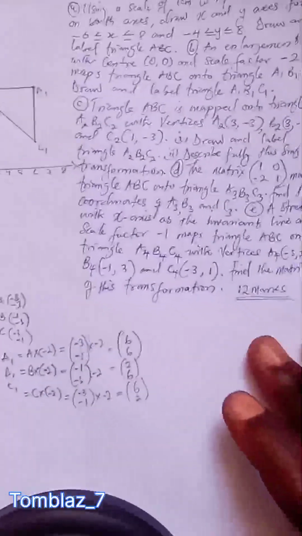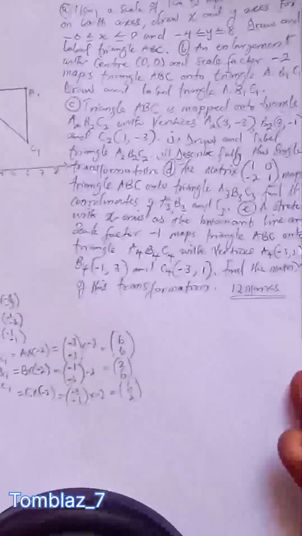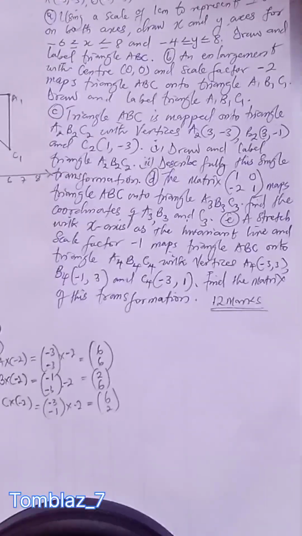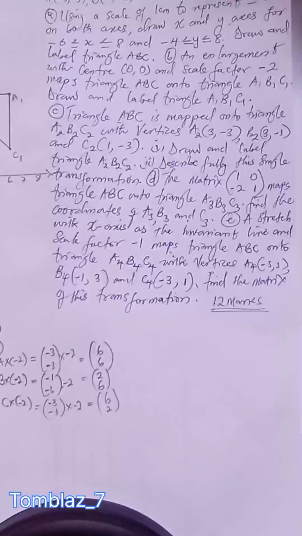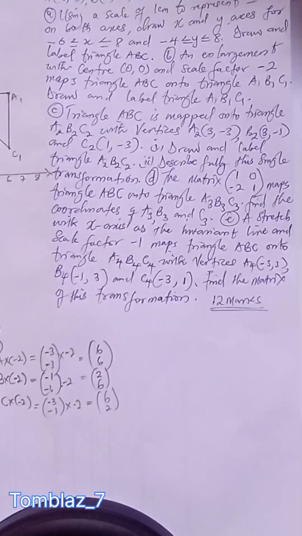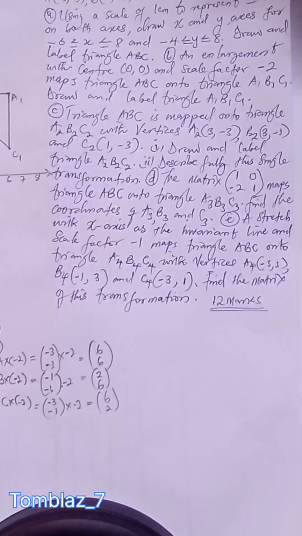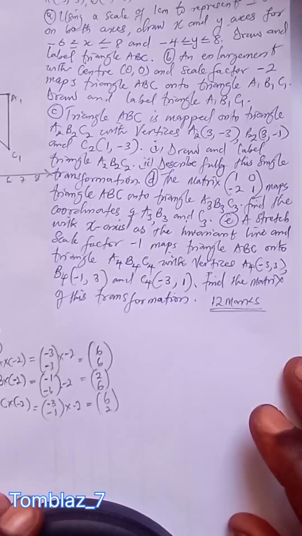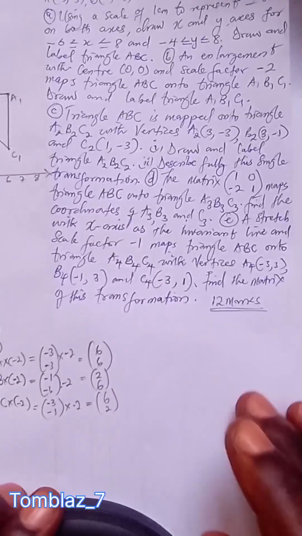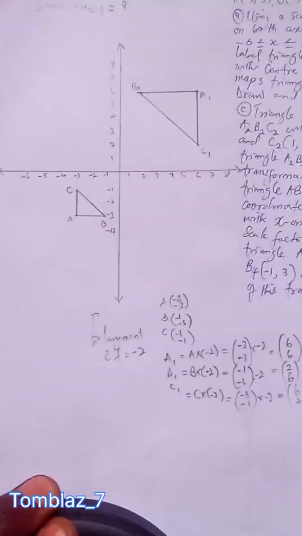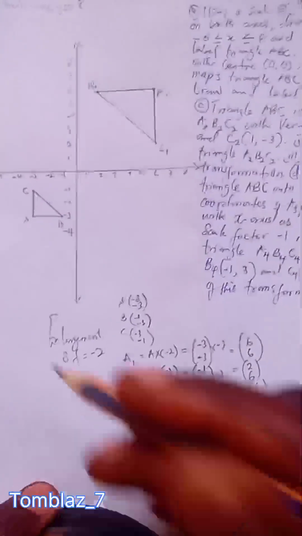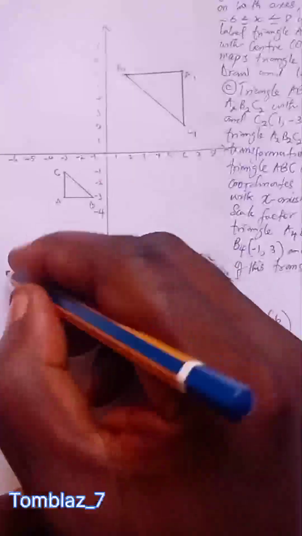The next question said we should do what? Triangle ABC is mapped onto triangle A2, B2, and C2 with vertices this. So we are going to be looking for A2, B2, and C2 using these vertices. So let's write the vertices out for, let's put what we are looking for first.